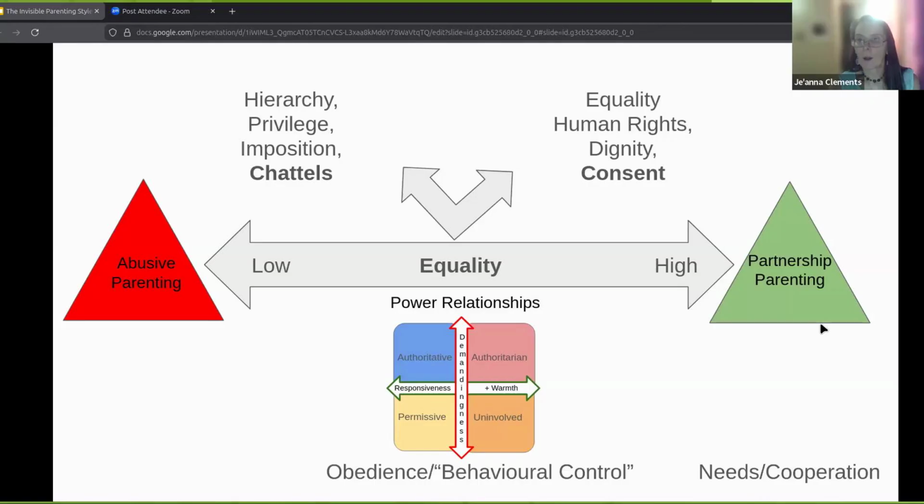Whereas once we come to partnership type parenting styles, we see that it's not about behavioral control anymore. Self-regulation and cooperative behavior is a side effect that emerges from us caring about and meeting each other's needs. It isn't about controlling the behavior.